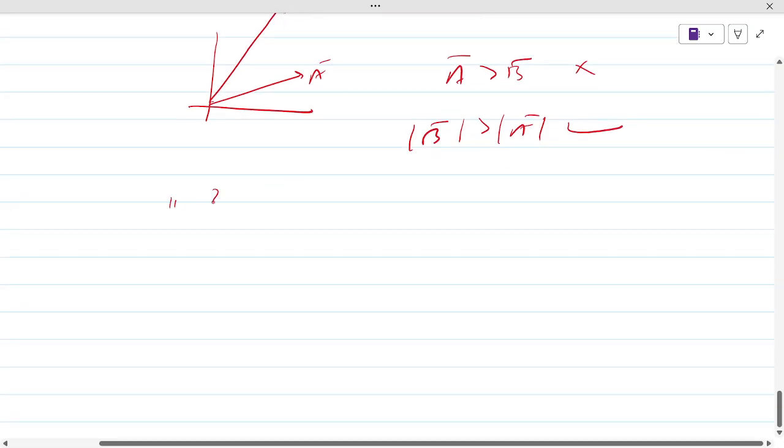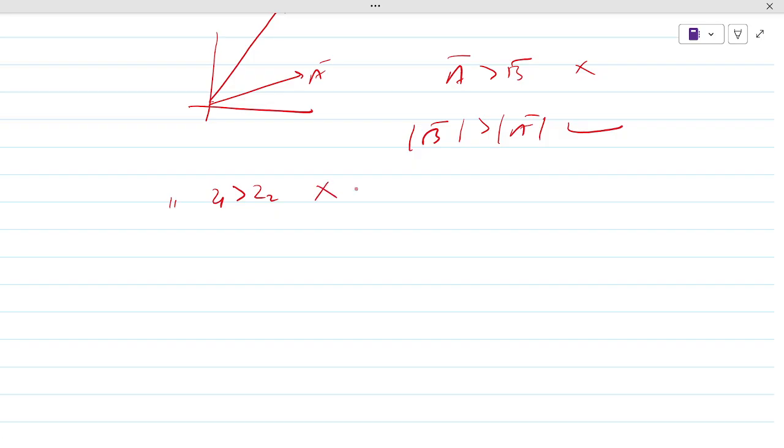If someone says Z1 is greater than Z2, in general this is wrong, unless Z1 and Z2 are purely real numbers. But we can compare their magnitudes, that is absolutely fine. So comparison is possible in the case of magnitude, not their corresponding values.